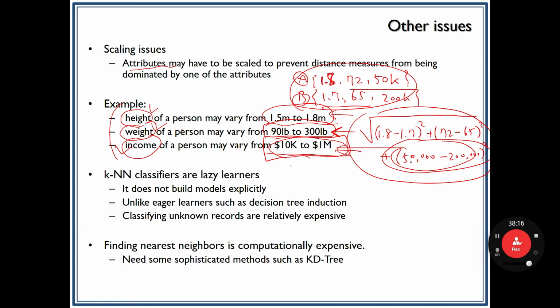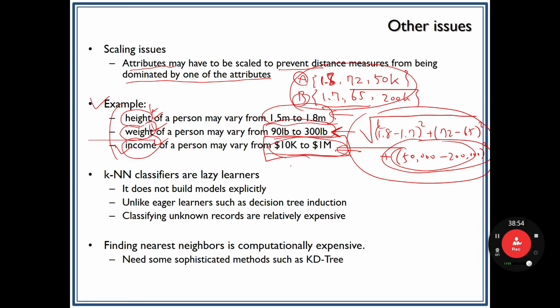Because of that, it is often recommended that we scale these so that the three attributes contribute equally to the distance. Attributes sometimes should be scaled to prevent distance measures from being dominated by a few attributes having larger scales. That is the scaling issue.